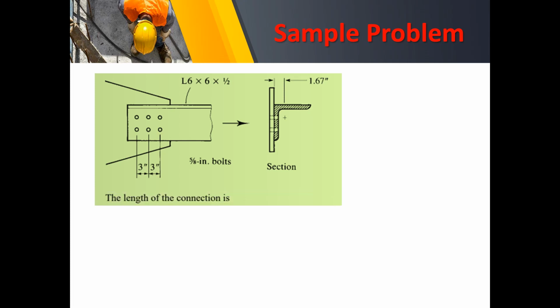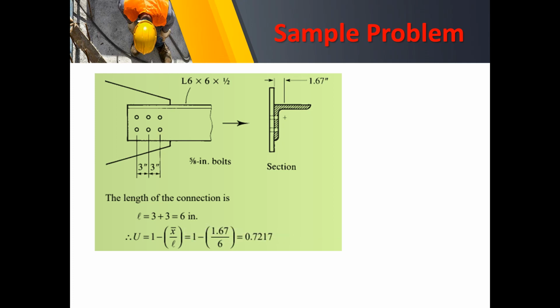So with that, the length of connection is 3 plus 3 equal to 6 inches. Now, comparing L with that of your x-bar, of course, 6 is greater than x-bar. Hence, we can use the general formula U equal to 1 minus x-bar over L. So you just substitute the value of your x-bar 1.67 and your L 6.